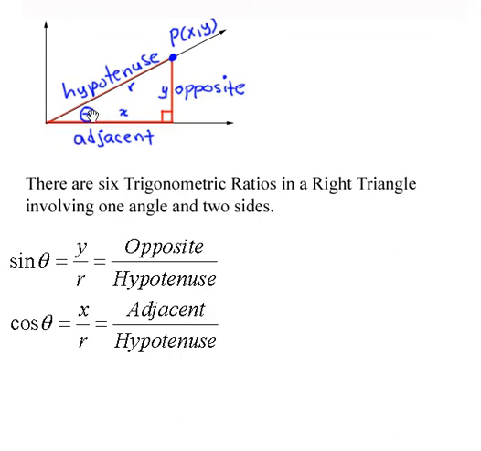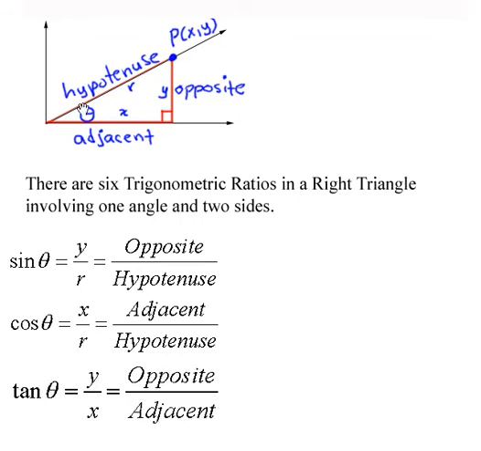If we start here at theta and look out, take the ratio of adjacent over hypotenuse, or in our other notation, x over r, that's called the cosine function. Next, if we again stand at theta and look out over the triangle, if we take the opposite side over the adjacent side, or using our other notation, y over x, that's the tangent function.